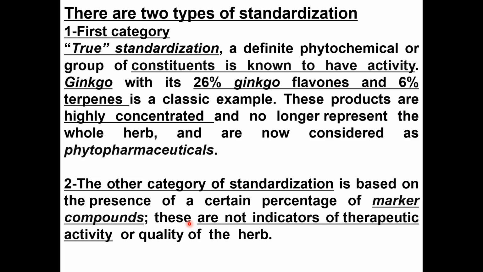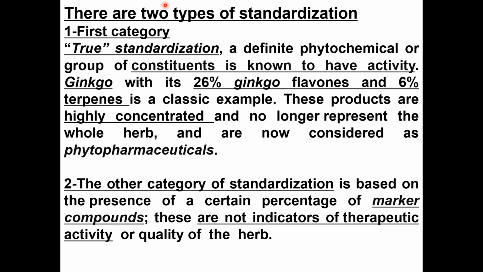There are two categories or two types of standardization of these extracts. First category, true standardization, means that the extract contains a defined amount of the active constituents. For example, the Ginkgo biloba extract contains 26% of ginkgo flavones and 6% of ginkgolides or diterpenes, which are the active agents.